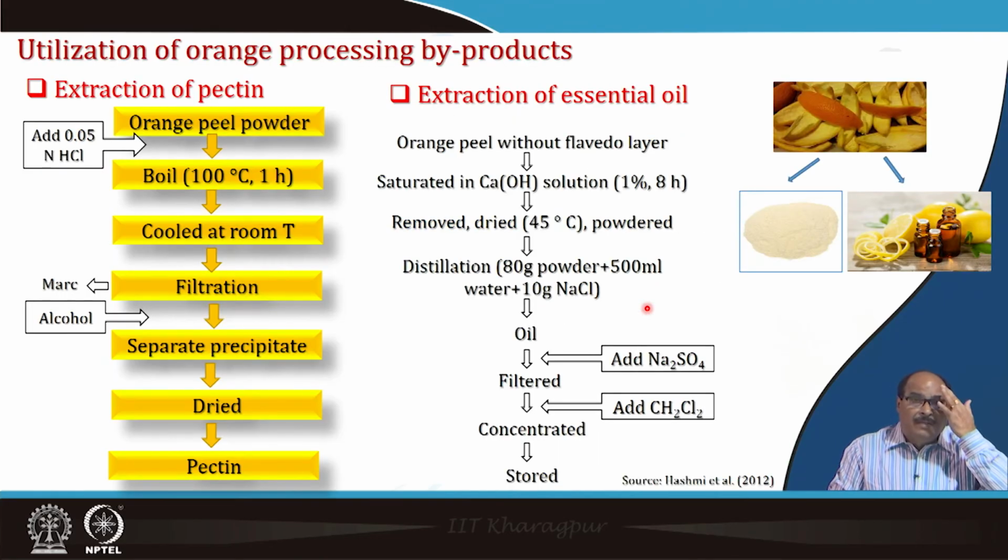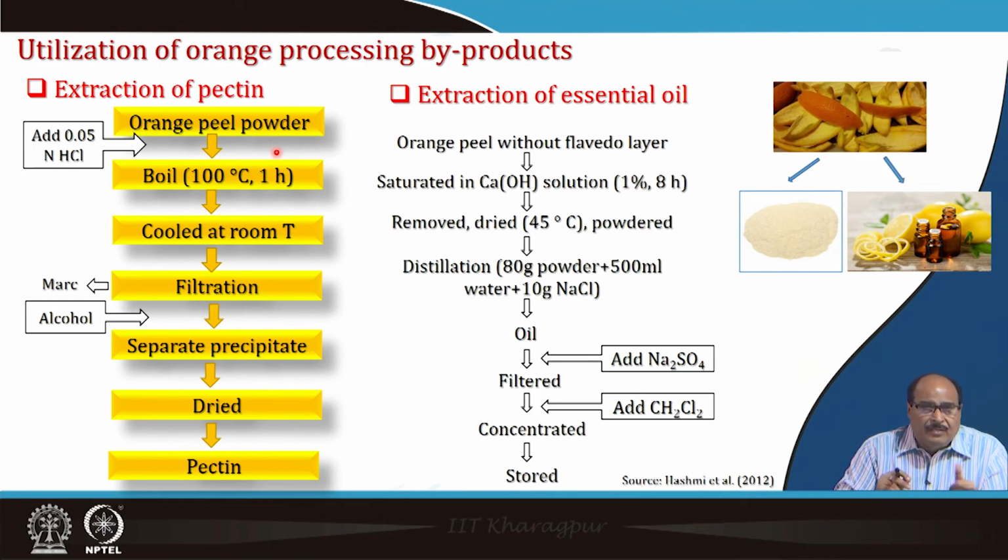Okay. These are technologies again reported in the literature for the utilization of orange processing byproduct, that is, for the extraction of pectin and of essential oil. For pectin, the orange peel is converted into powder using appropriate technology, then it is treated with 0.05 normal HCl, boiled at 100 degrees Celsius for 1 hour and cooled to room temperature.